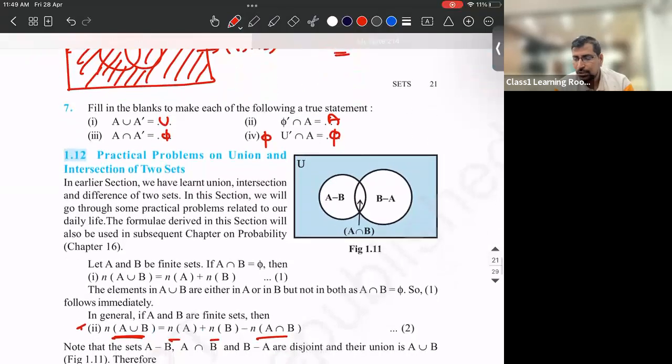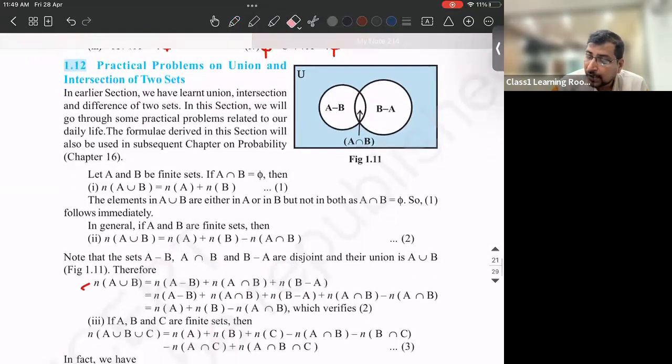Right? So officially it's over as per the syllabus of 23-24. This chapter is over, but I'll be explaining some basics which is needed for the probability chapter. They are called the practical problems on union and intersection of two sets. Now you are familiar with Venn diagram.